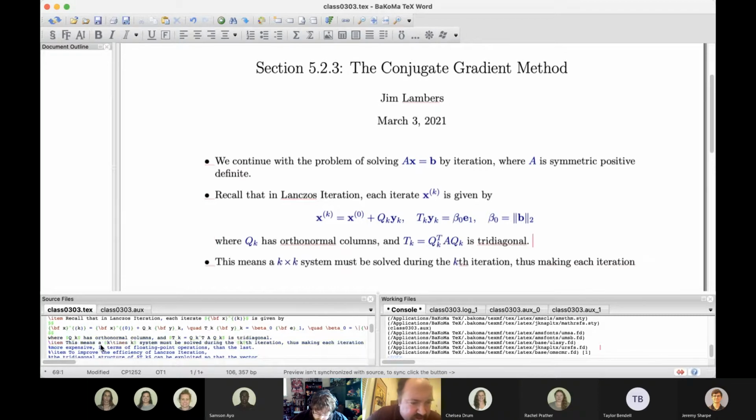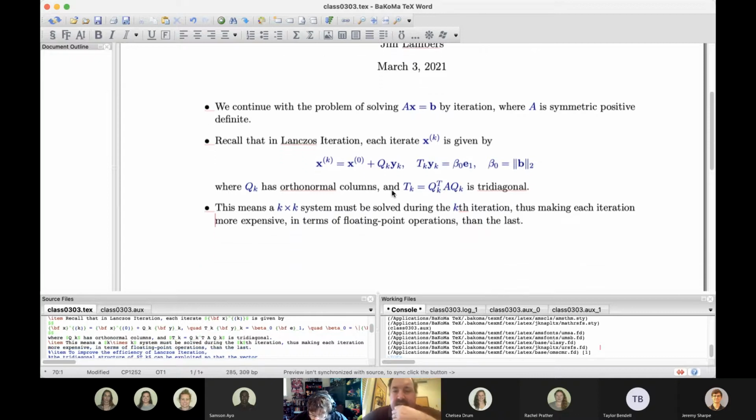But the reason why that's not so great is if this is k by k, that means the system we're solving with each iteration is growing. Even though it can be solved efficiently, each iteration is still incurring more expense than the last one.